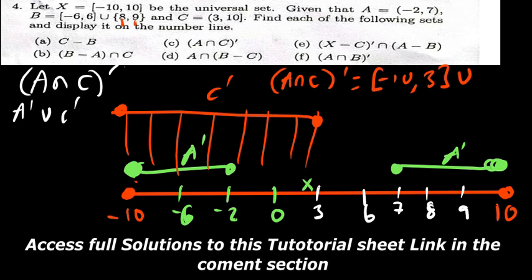Again we start from included 7 all the way to 10 included. I hope that is not a problem. Yeah, I hope that should not give you a problem. So -10 to 3 both included, 7 to 10 both included.